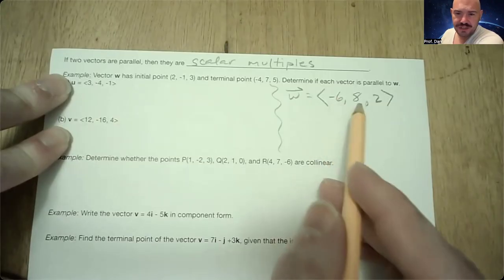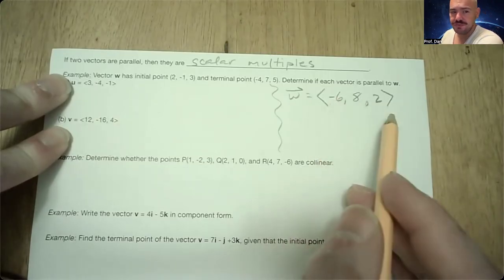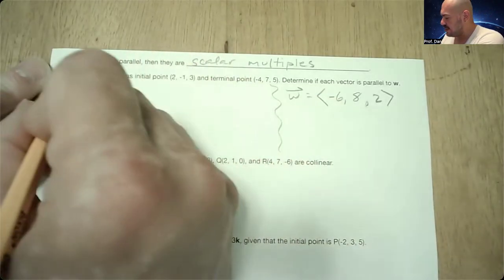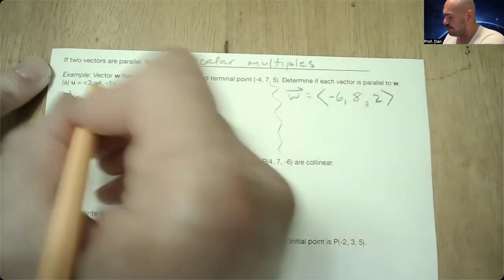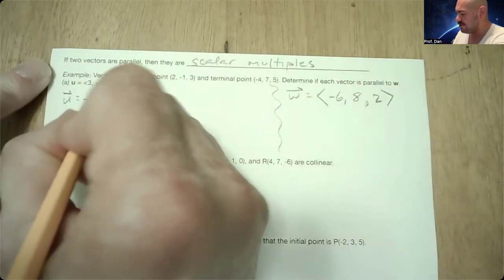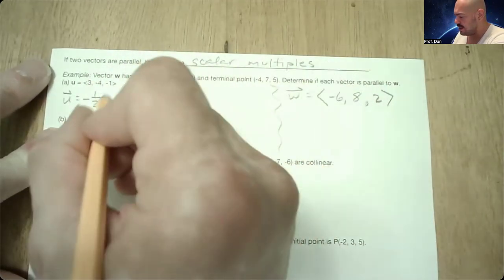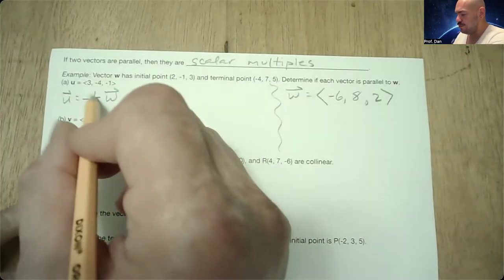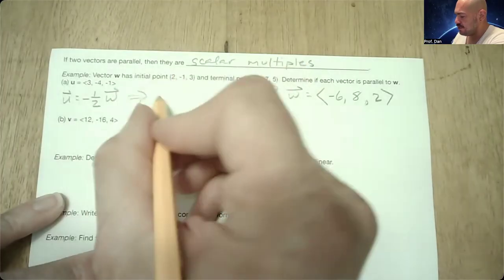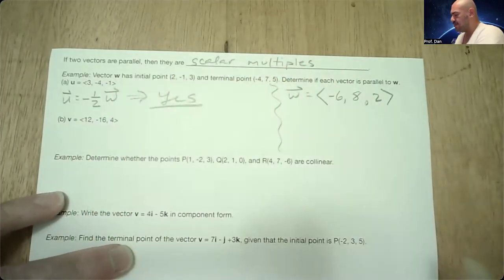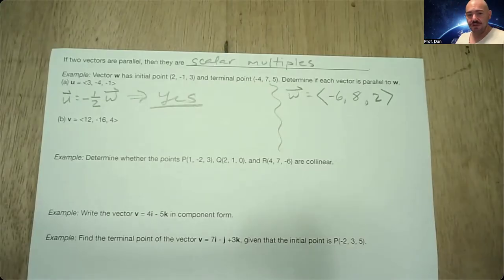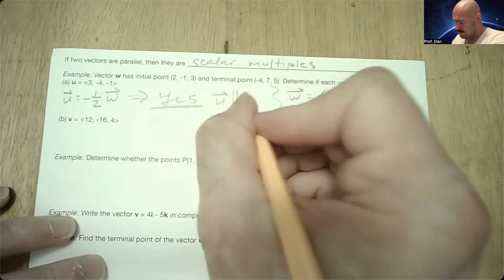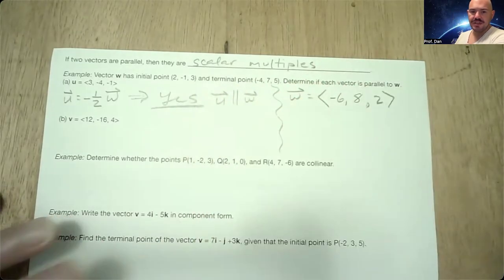If I were to divide each of these components by -2, I would end up getting all of the components of U. So we would say that U is equal to -1/2, since we divided by -2, times vector W. Since U is a scalar multiple of W, the answer to this one would be yes, U is parallel to W. And remember, those two lines mean parallel.